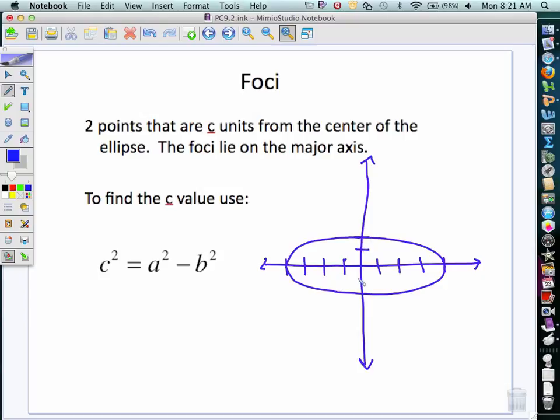And let's say then my covertices are 2 units above, 2 units below. So let's talk about what we know. We know that the distance from here all the way to the end is 2a. That means the a value would be half of it. So from -4 to +4 is 8, so half of it would be 4 units.